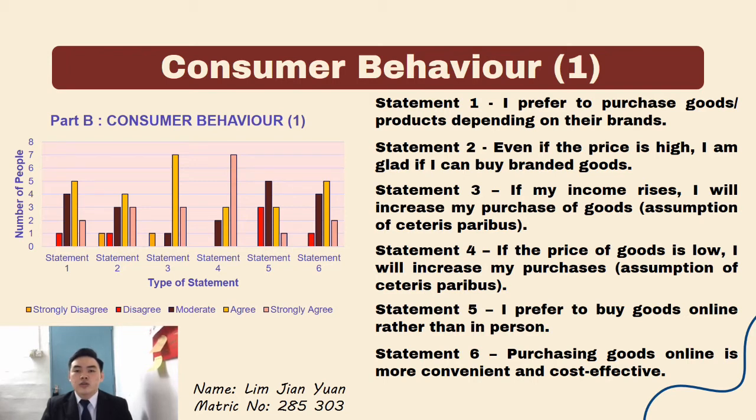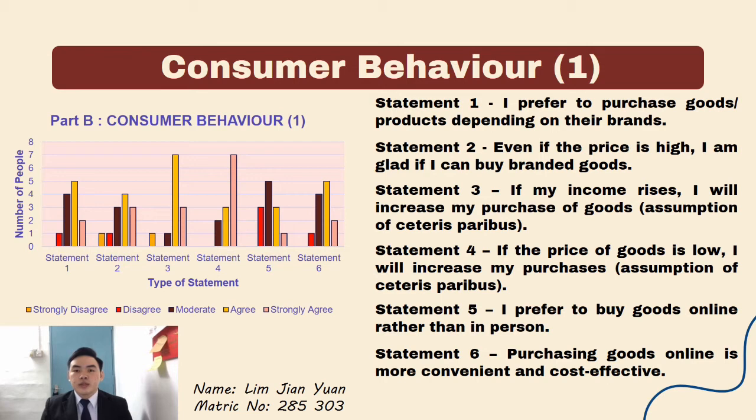There are 4 respondents who agree with this statement because of brand loyalty. Next, there are 7 respondents who agree with statement 3. If my income rises, I will increase my purchase of goods. This is due to the reason that it was influenced by the economic situation.